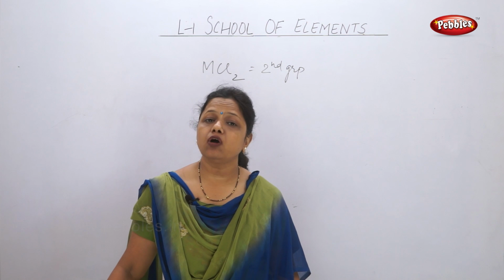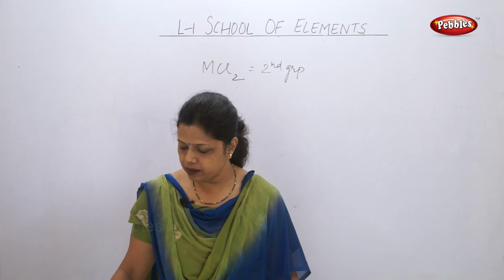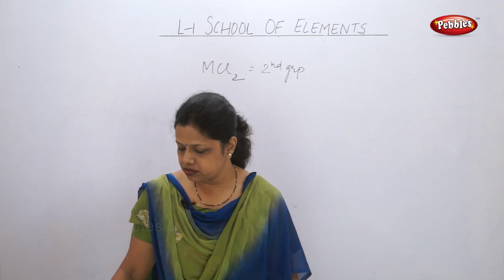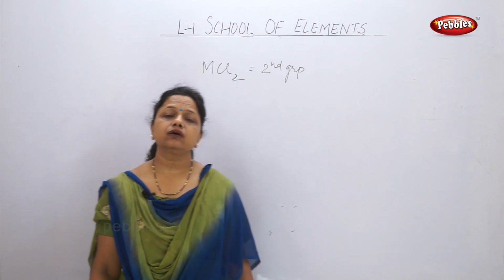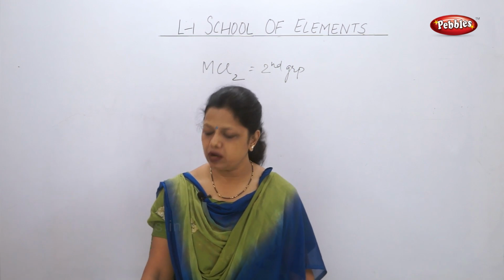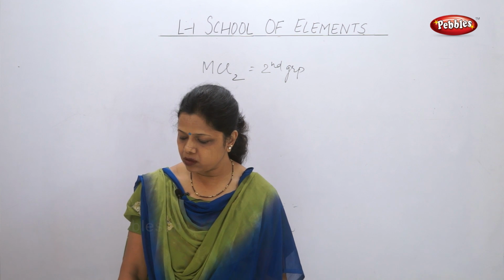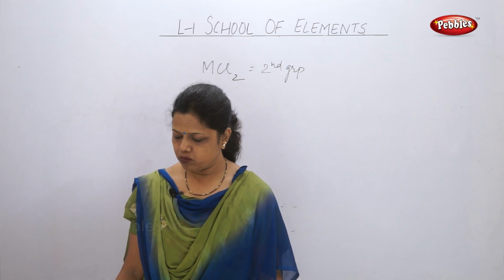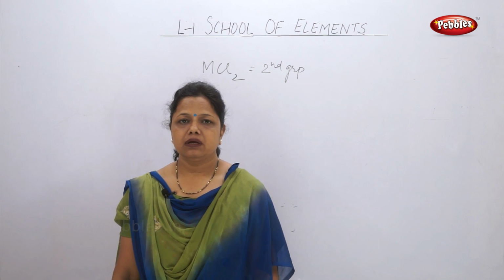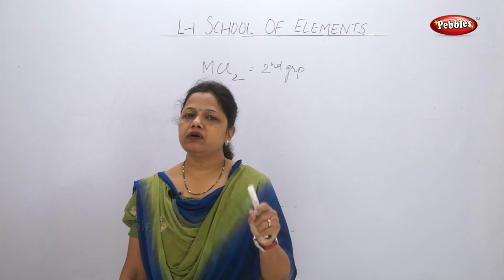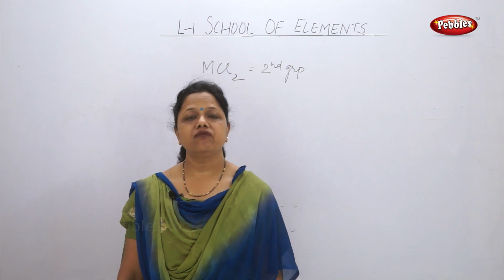And among the non-metals, you can see carbon, nitrogen, oxygen, fluorine, then phosphorus, sulfur and chlorine. So these are the non-metals. Any metalloids present? Yes, boron and silicon are the two metalloids. You can see in your modern periodic table which is given on page number 5.